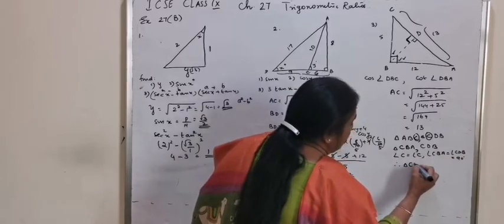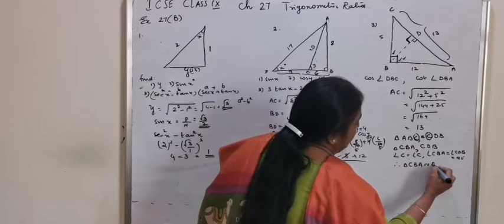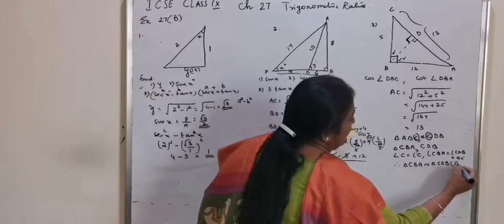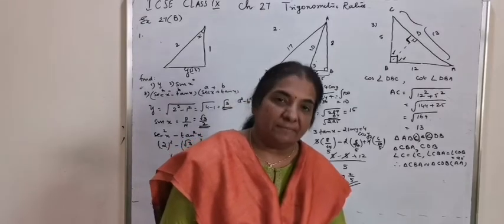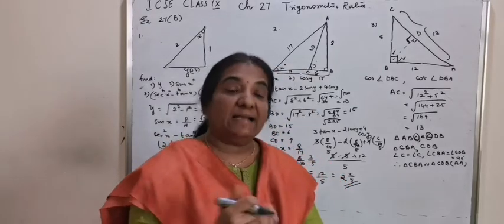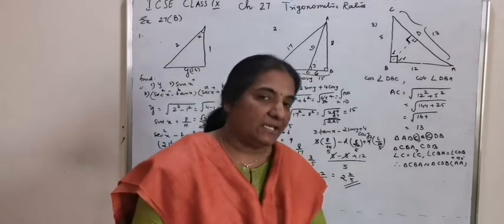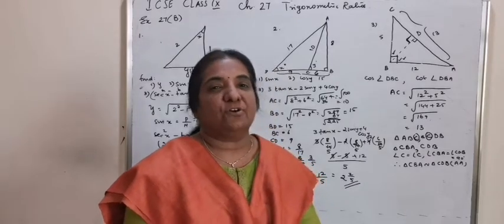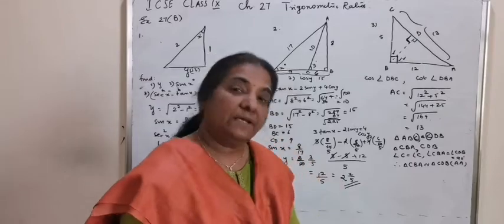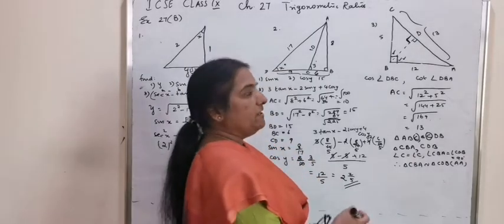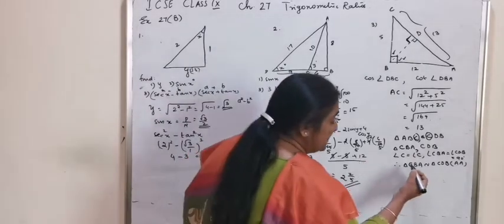Therefore, triangle CBA is similar to triangle CDB by AA similarity. Two triangles are said to be similar if two angles are equal. That is one of the conditions for similarity of triangles. You will study it in detail in the lesson on triangles.